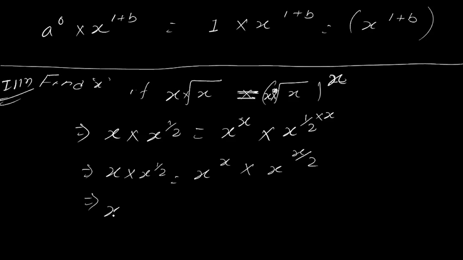Right? Right, sir. Here these are all multiplication terms. So 1 plus 1 by 2 equal to x plus x by 2, the 2 ones are 2, so this is 3 by 2.